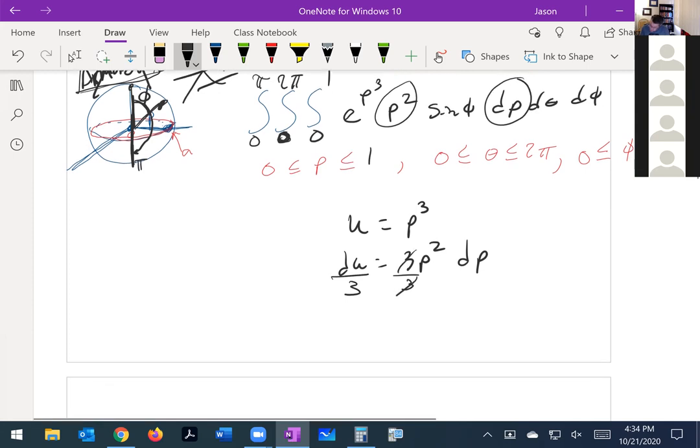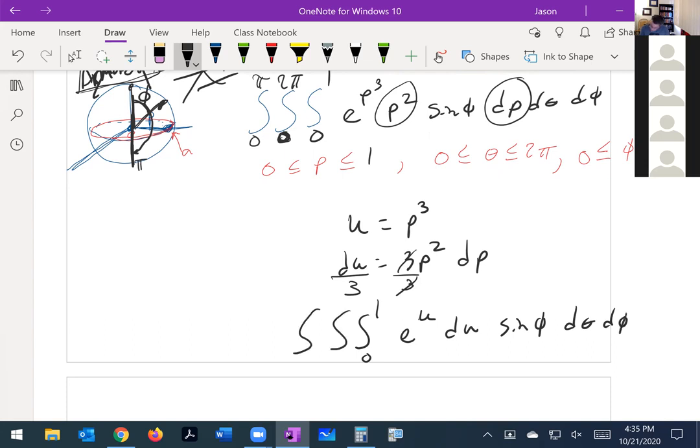Oh, okay. So if I change, I can change my limits of integration too. It really doesn't matter. Because what's 0 cubed? 0. What's 1 cubed? 1. So this is e to the u, right? Rho squared d rho, that's going to be du, sine of phi d theta d phi.